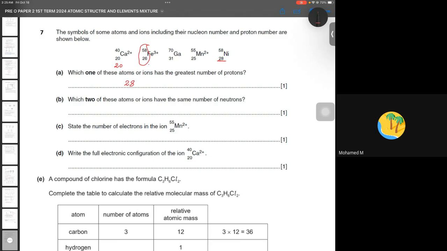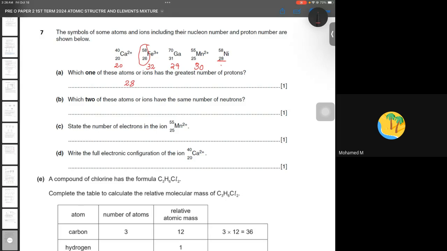Then 71 minus 31 would be 40, sorry, 39. Then 65 minus 35, which equals 30. 58 minus 28 would be equal to 30.